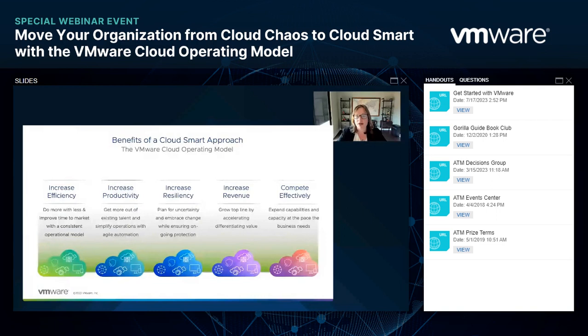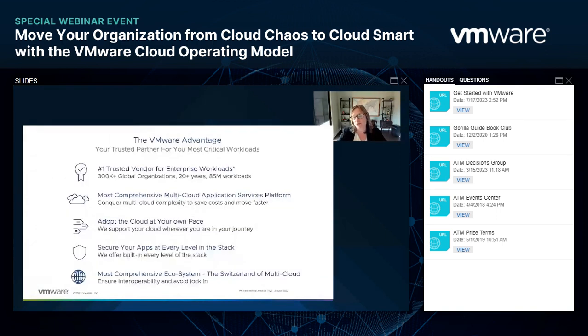So why VMware? Why VMware to help you manage your multi-cloud workloads when we don't have a hyperscaler cloud of our own to sell you? Well, that's exactly why you should trust us to help you with the management of these environments. And we're already, as I've mentioned a couple of times, the number one trusted vendor for your enterprise workloads. We understand your enterprise workloads. And we're already running them.